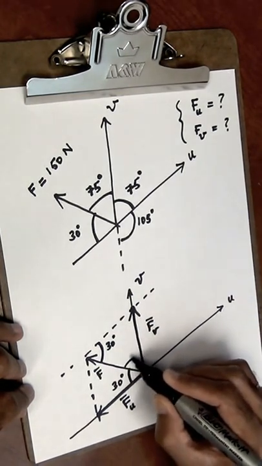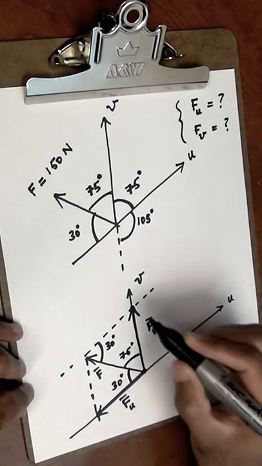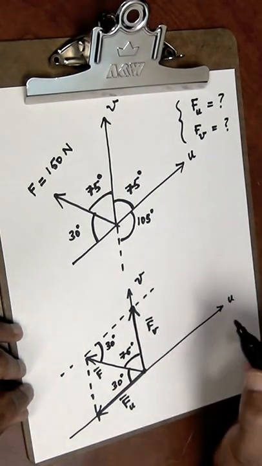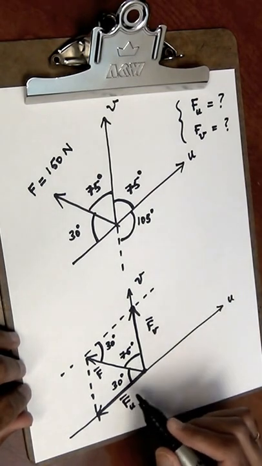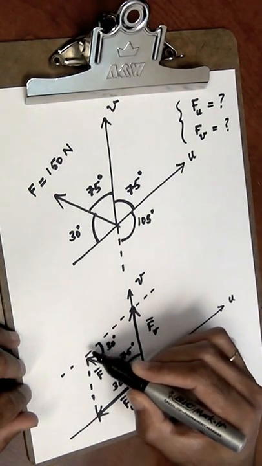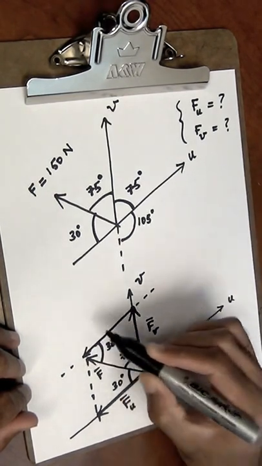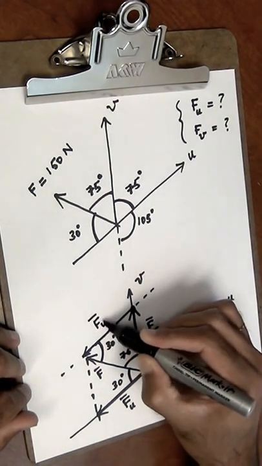I already know that this angle here was 75 degrees, and I can find the remaining angle, the third angle of the triangle right there. And one more thing I also know is since this is a parallelogram, opposite sides are the same, which means that this is also F suffix u.